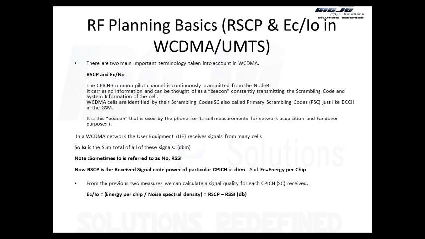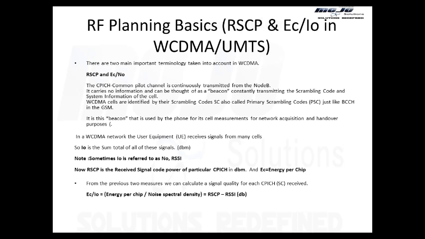So RSCP, I explained to you, is the signal coming from the UMTS transmitter. Out of that signal, some of the power is given to the pilot channel. That pilot channel signal, the UEs or the cell phones measure in the UMTS and report it back to the Node B and the RNC.